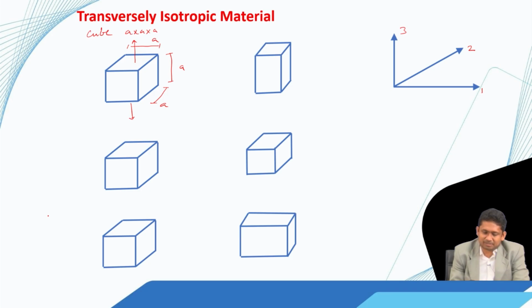So, if we do that, it is going to extend in direction 3. So, this new dimension is going to be A plus delta 3 3.